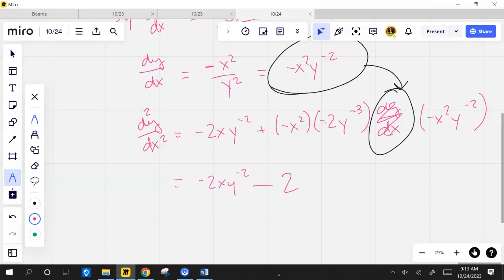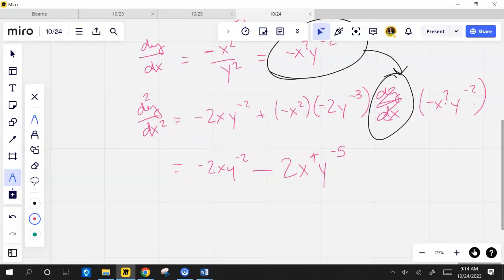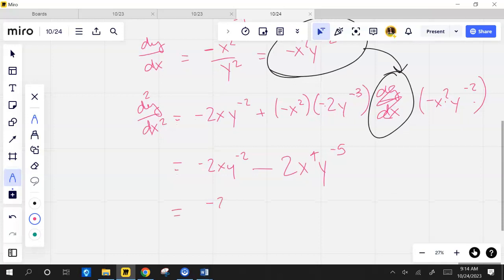I got x2. x2 would give me x to the 4th. Y negative 3. Y negative 2 would give me y negative 5. I'd probably stop there. I mean, you could go through technically and find a common denominator if you wanted to. I probably would not.